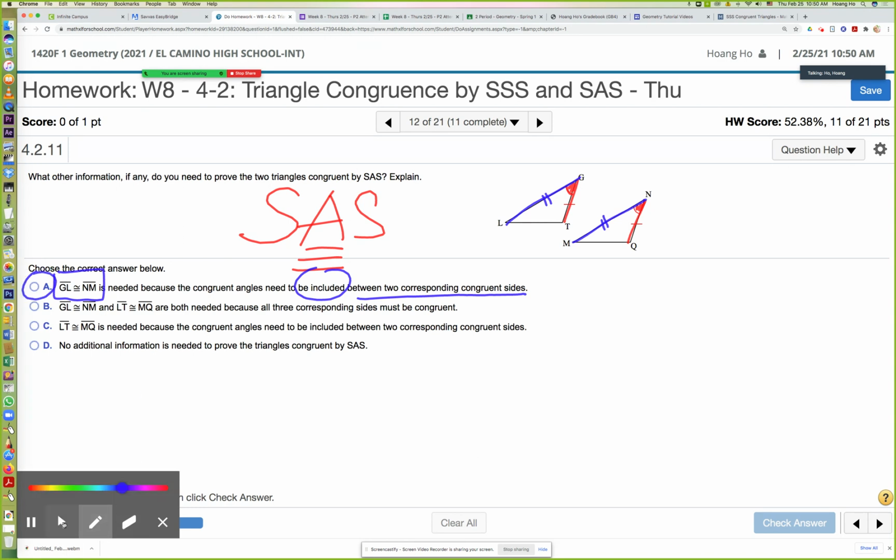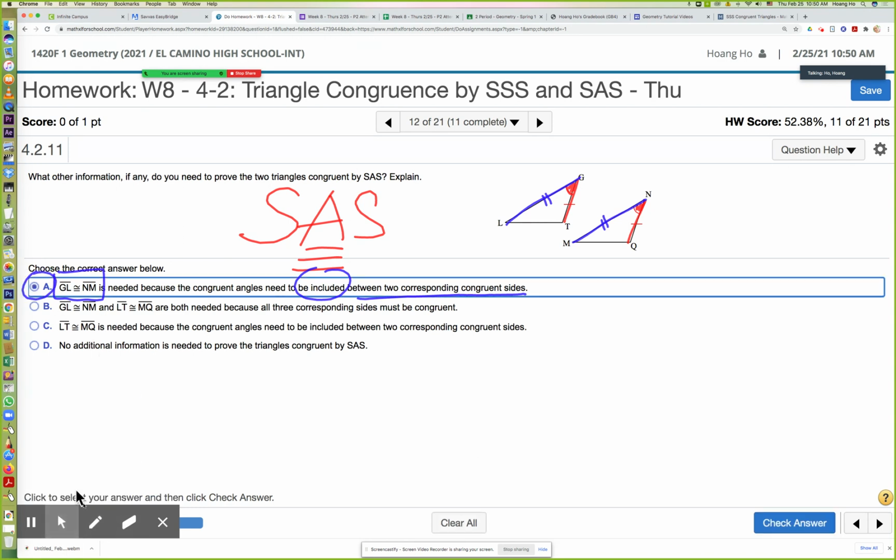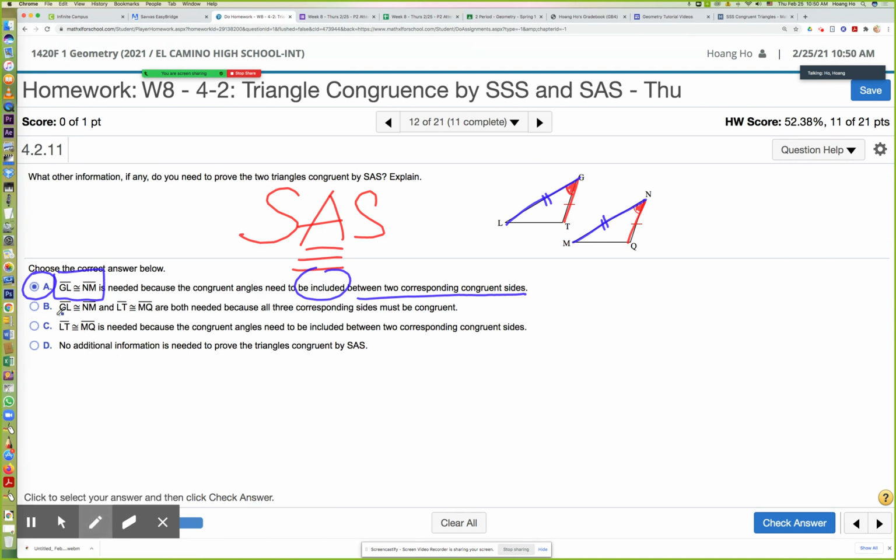But let's see why B is not correct. GL equals MN and LT equals MQ are both needed because that's three corresponding congruent sides. This would be correct if we prove two triangles congruent by SSS, but they ask for SAS. We don't prove them congruent by SSS, so that's why option B is incorrect.